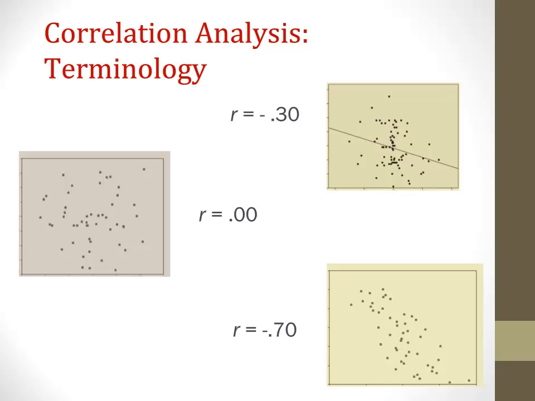Here in the scatter plots, you can see that the dots in the bottom graphic, illustrating a correlation coefficient of negative 0.70, are closer to 1 because they're more clustered around a straight line, whereas the top graphic illustrates a correlation coefficient of negative 0.30, and you'll see that the dots in this scatter plot are not as clustered around a straight line.